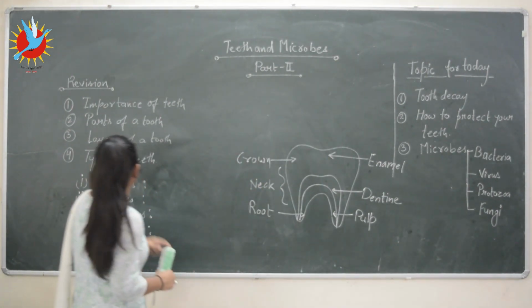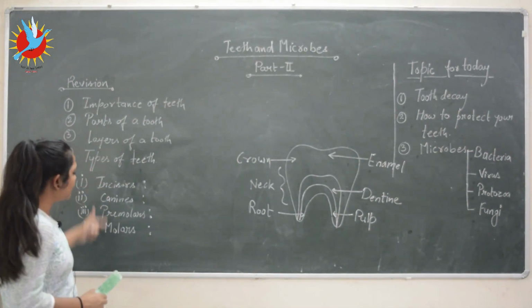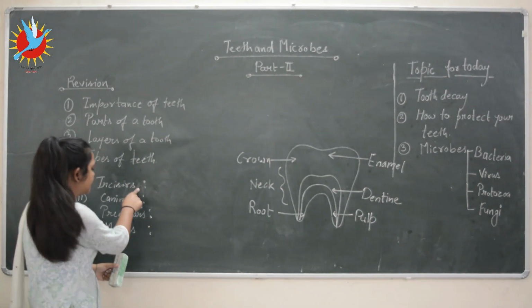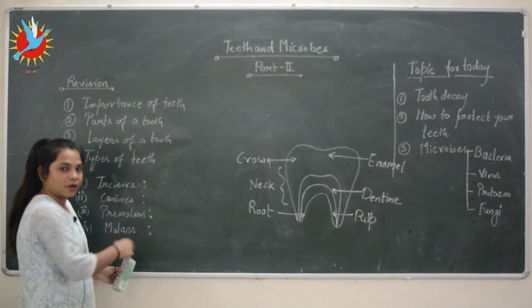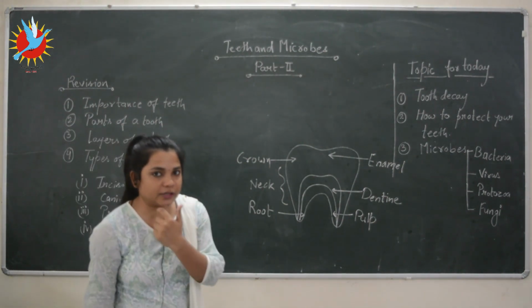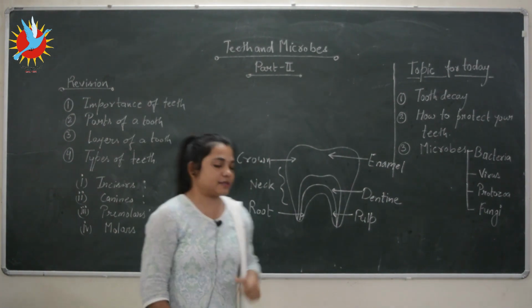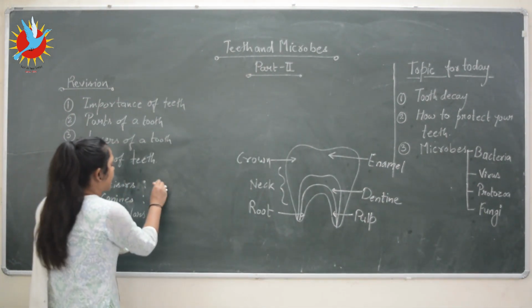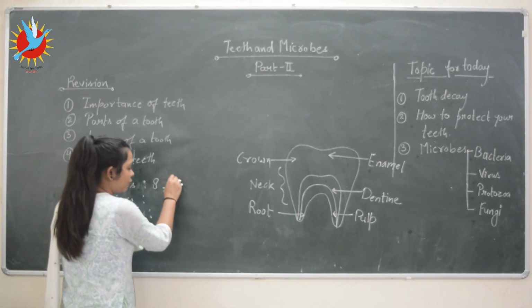Now let's move to the types of teeth. There are 4 types of teeth. I've told you: incisors, canines, premolars and molars. First we are going to talk about the incisors. The front 4 teeth in the upper jaw and in the lower jaw are known as incisors. So they are in total 8 in number.